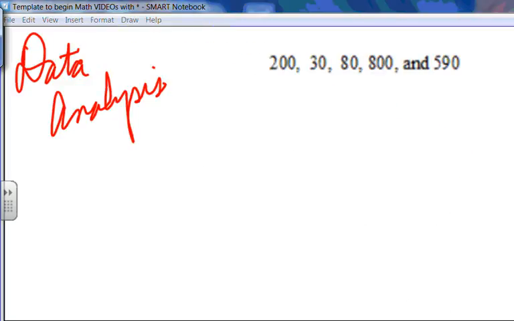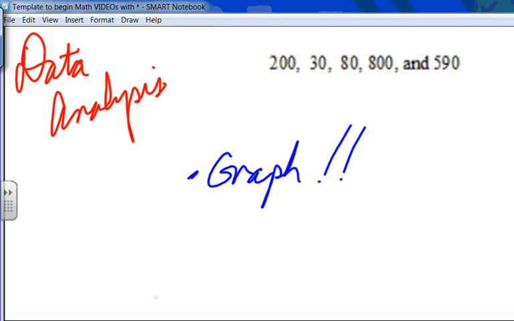All right, the next idea on this unit test is data analysis. Recall that in data analysis, we should always make some kind of a graph to convey information. And then after we do that, we should describe numerically and with words 3 different traits that this data set has. One being, what is the general shape? Is it skewed left or right?